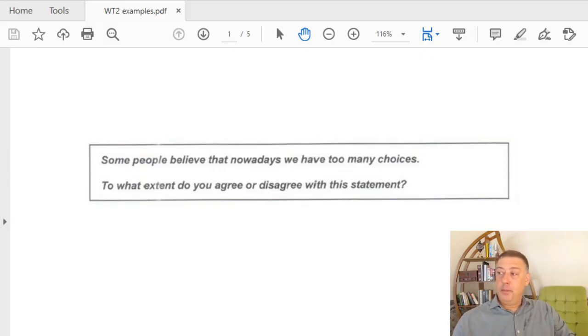So this is the question from Cambridge 13, where the examiner comments mention the correct approach is to mention both sides. Now, if you go and look, it's a student essay that's been written, and this particular student actually takes a position of partial agreement. So they mention some aspects of life where we don't have too many choices and some aspects of life where we do have too many choices.